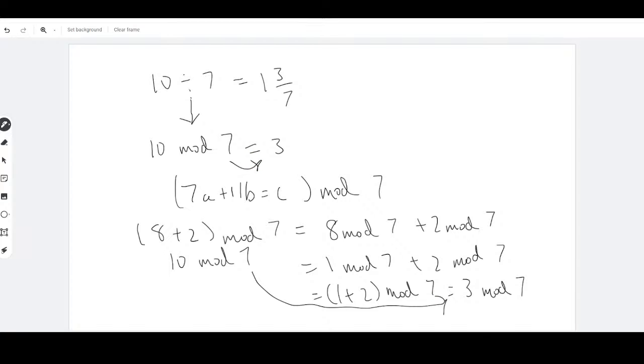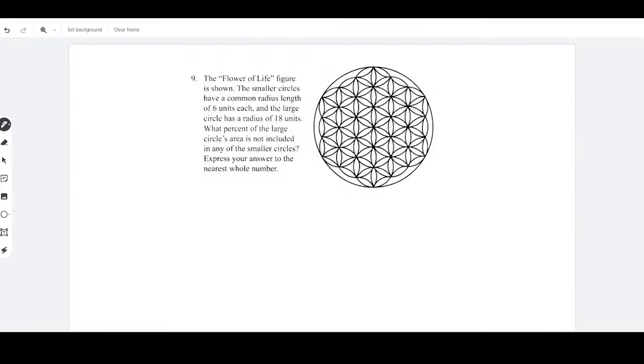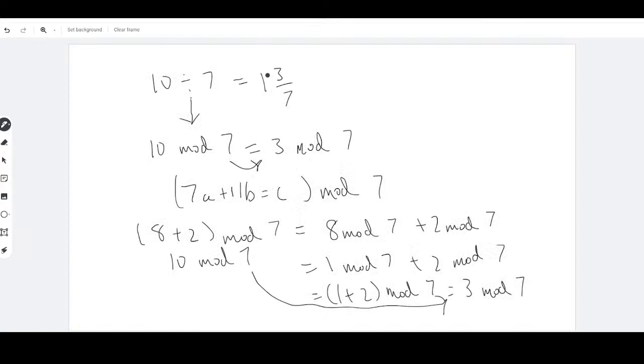When I say 3 here, technically there's a mod 7 behind it. Whenever you're working with mods, there's not really an equals; you're always talking about congruent to. So when I say 10 mod 7, I'm saying 10 mod 7 is congruent to 3 mod 7.